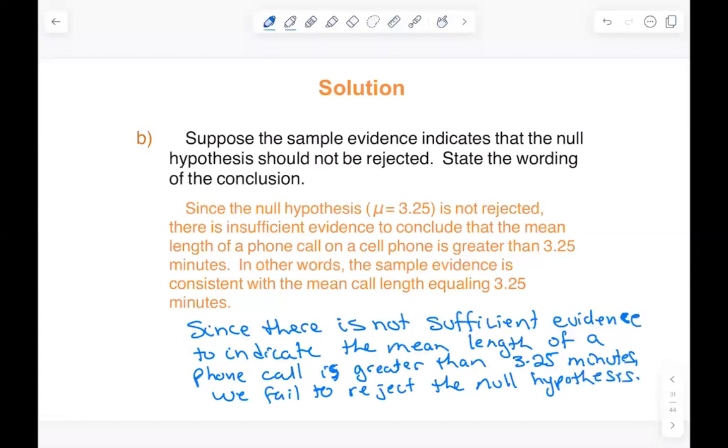There we go. Still a lot of words, but not quite as wordy and weird as theirs.